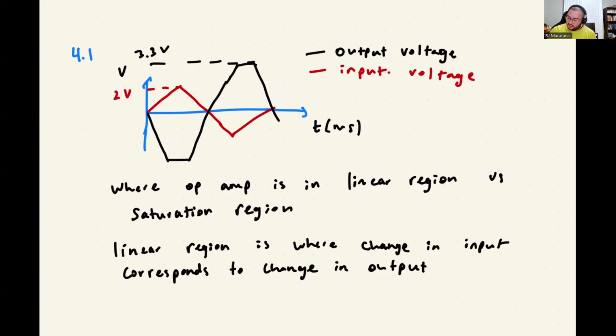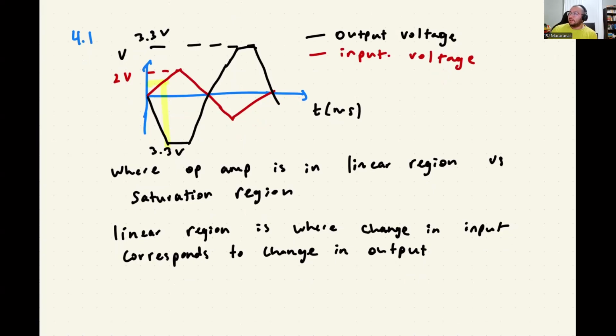Let me just highlight it. All the way up to about here is where we're in a linear region, and they've marked that as about 1 volt. So at 1 volt, we can see that the op amp has saturated to 3.3 volts on the output.